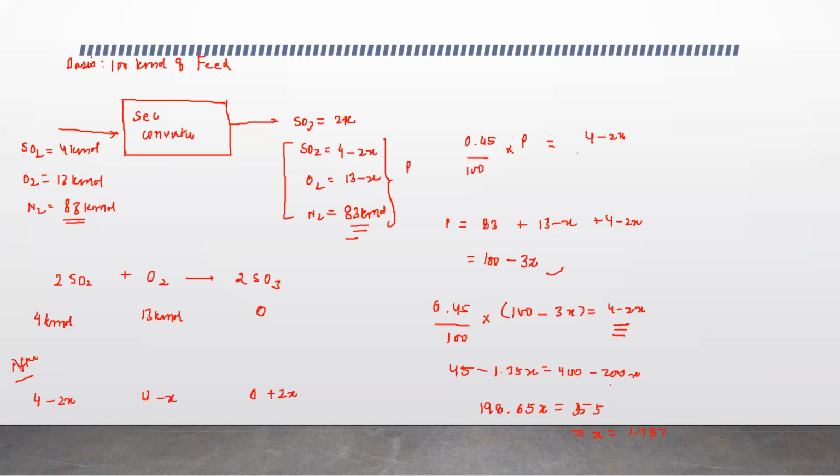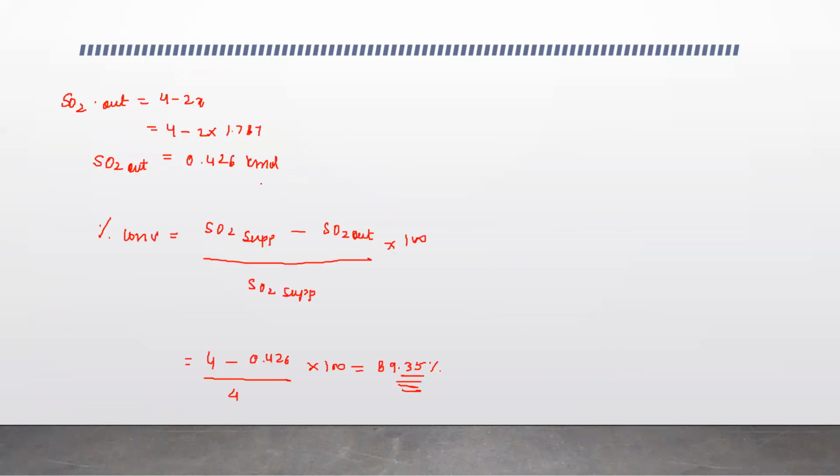All right. So when we solved, we got x equal to 1.787. When we substituted x equals 1.787, we got SO2 as 4 minus 2x, that is 0.426. Then percentage conversion is equal to supplied minus left upon supplied into 100. So that is 4 minus 0.426 upon 4 into 100. That came out to be 89.35%.